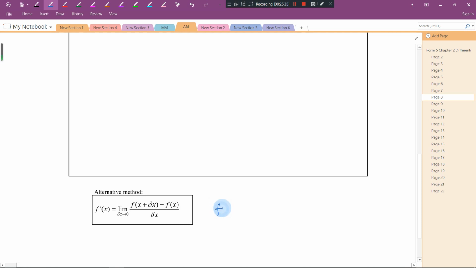It's actually the same thing. They will represent the delta x by letters, for example, we use h to represent the delta x: limit as h approaches 0 of f(x plus h) minus f(x) over h. Okay, let me check. Yes, you can use this one as well.